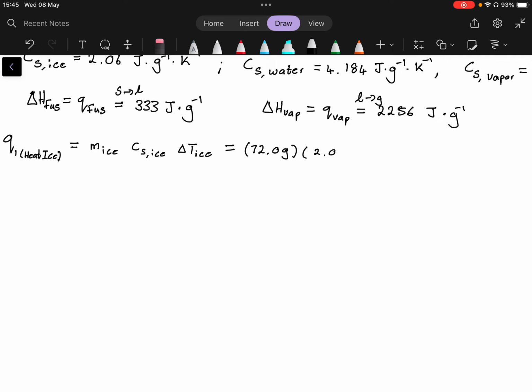This one is 2.06 joule per gram per Kelvin. And this one is going to be 0 degrees C minus 10 degrees C, which ultimately should give you a value of 1483.2 etc. joule.